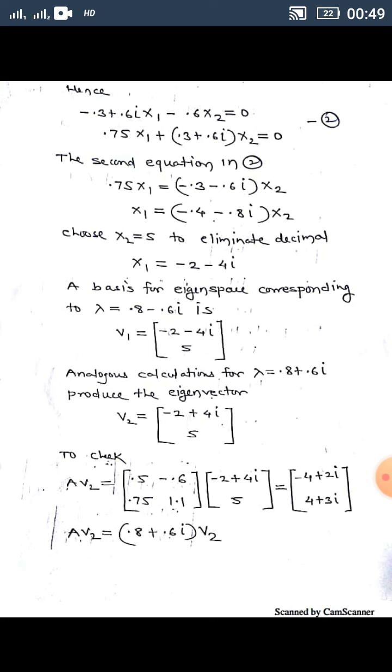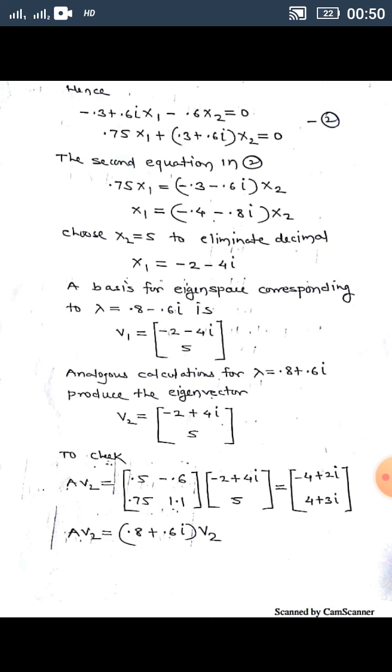A basis for the eigenspace corresponding to lambda equal to 0.8 minus 0.6i is v1, where we substitute x1 and x2, the unknown matrix. x1 is minus 2 minus 4i and x2 is 5, because we have chosen that. In a similar way we can find it for the eigenvalue 0.8 plus 0.6i.